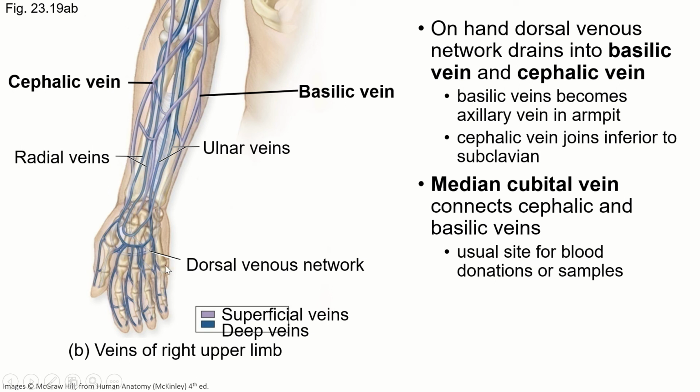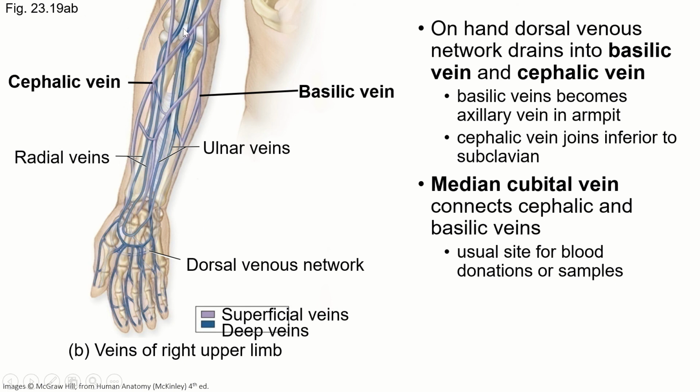The dorsal is going to flow into basilic veins, a basilic vein and a cephalic vein. And these are indicated as these light purple veins here. These are superficial. The darker blue veins are deep. Those are the radial and ulnar.